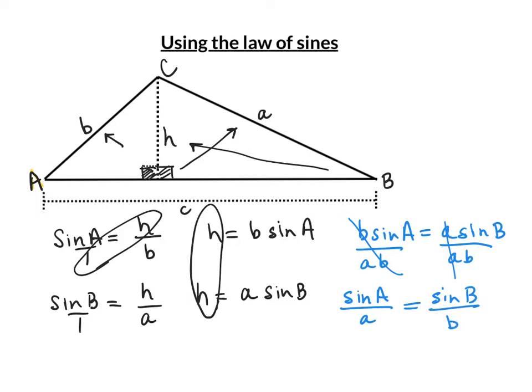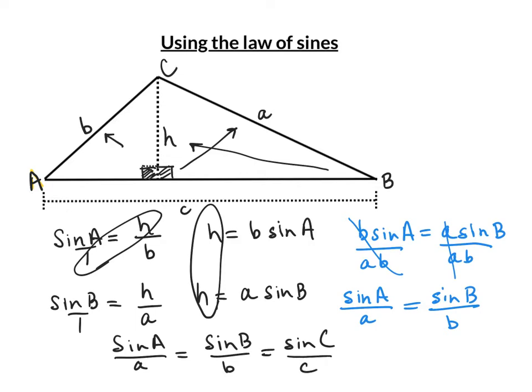That's its opposite side. Now, if you were to draw on another height and do this all again, you would discover that the sine of angle A over a is equal to the sine of angle B over b is equal to the sine of angle C over c.